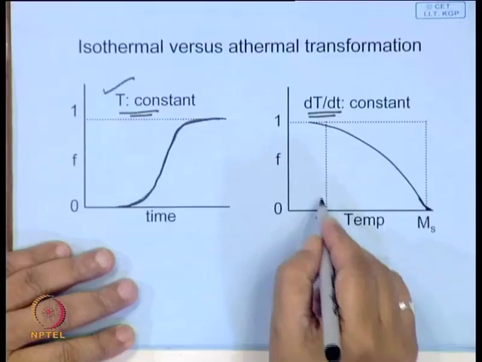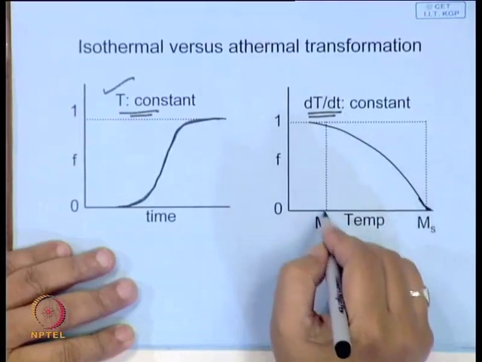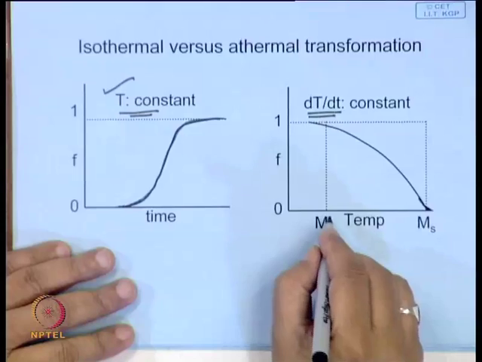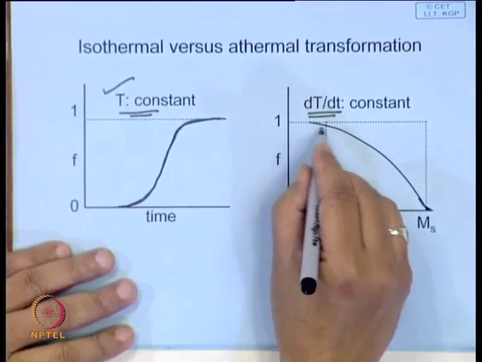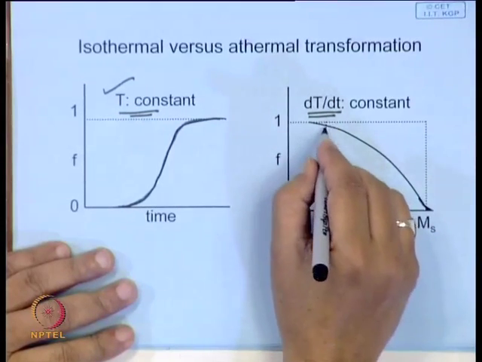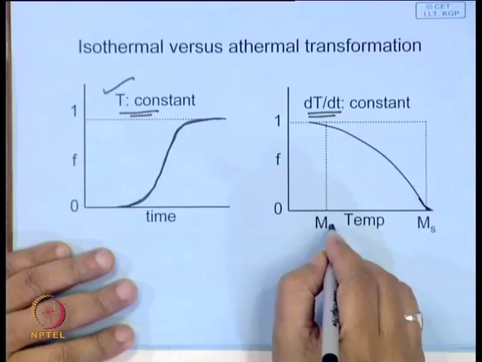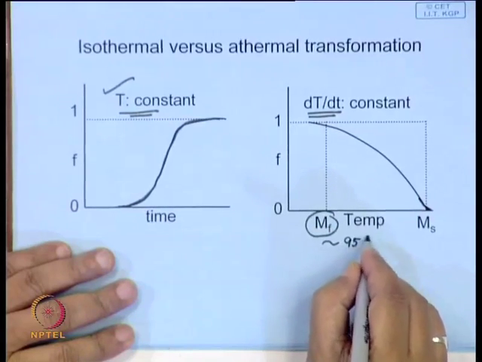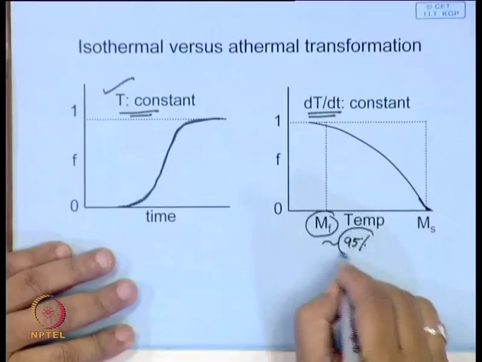It is extremely difficult to find out where the transformation is complete, and we will always see later that some amount of untransformed austenite remains in the structure. So, usually Mf corresponds to possibly 95% transformation.